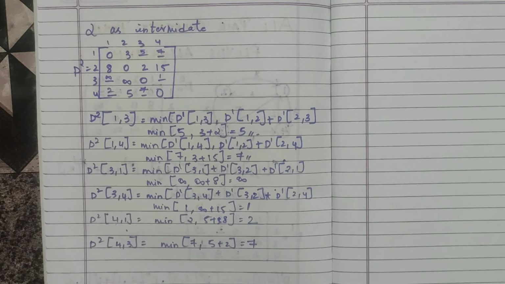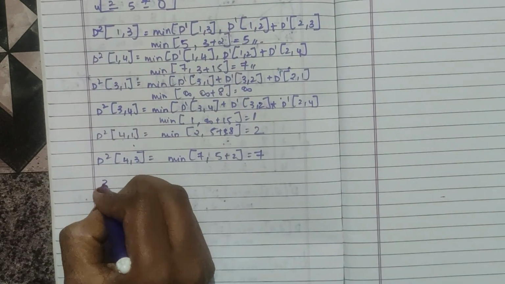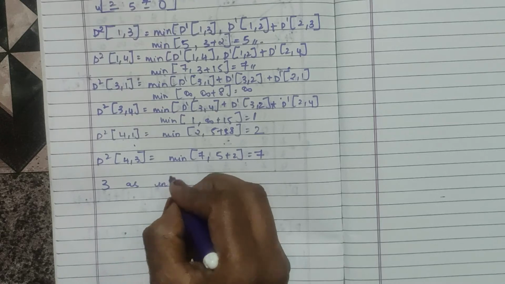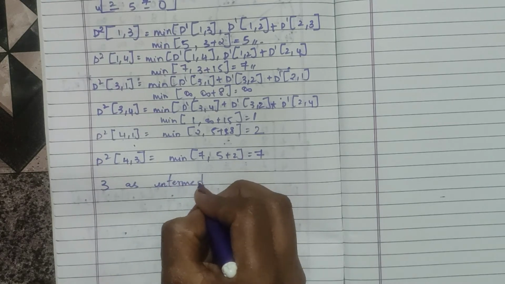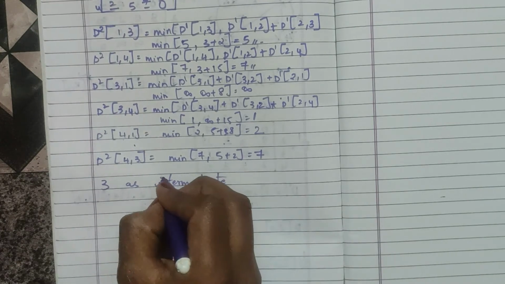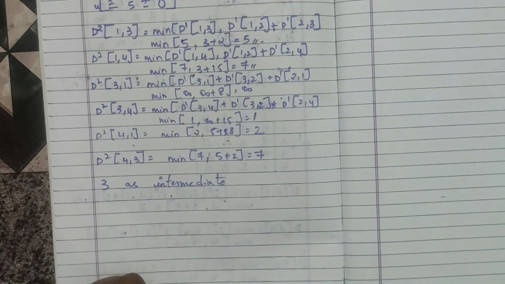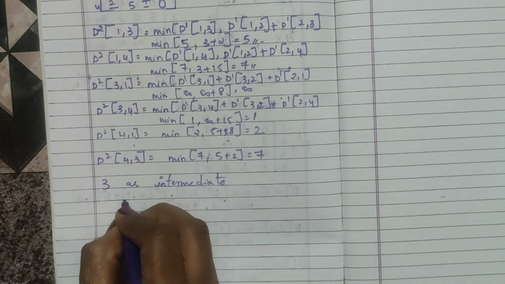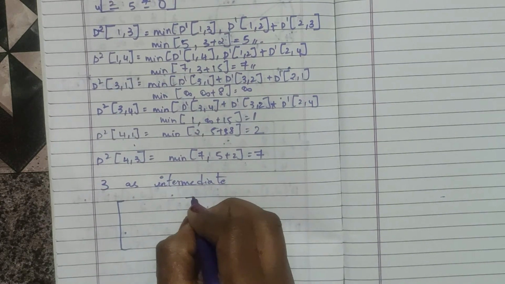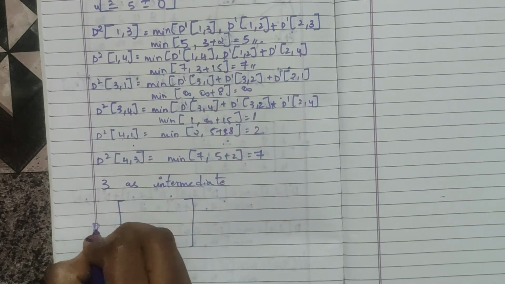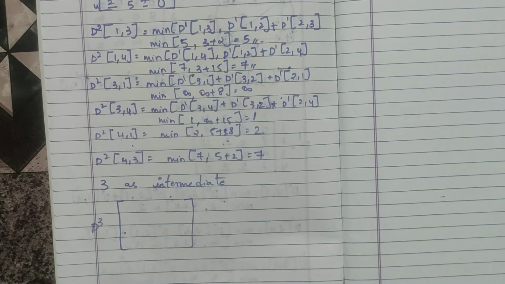Now we have to find 3 as our intermediate. So here what you have to see is, from the second intermediate's cost matrix table we have to take for the third intermediate. So here you have to take the third row and the third column values from your D2.